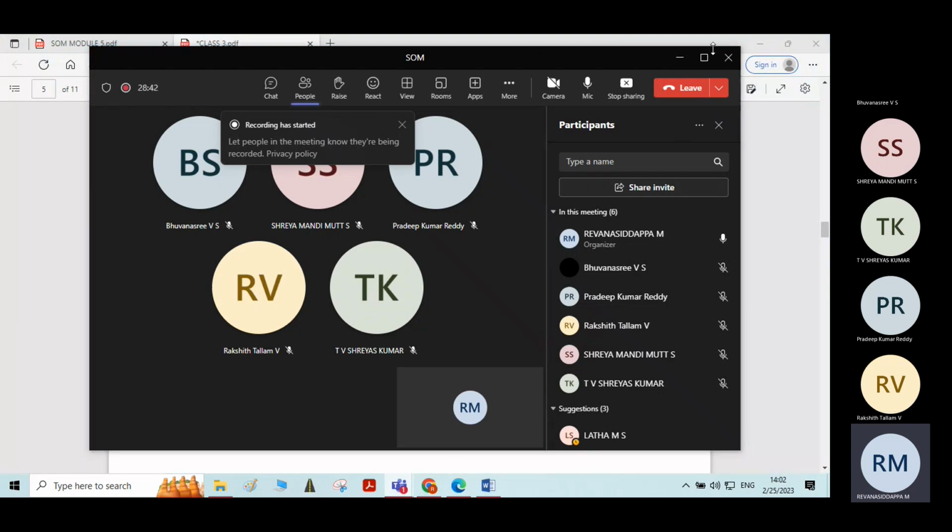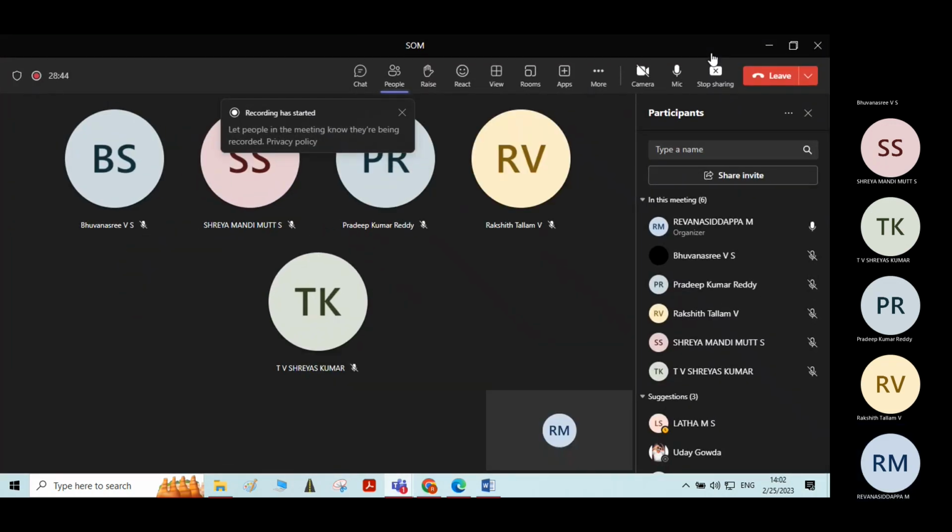Please solve and tell me the answer, whatever you get. I'll give 1 minute time. C1 is 0, sir. You'll get C1 equal to 0. Now apply the second condition and solve.